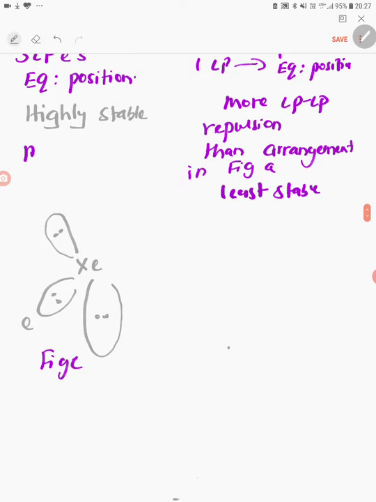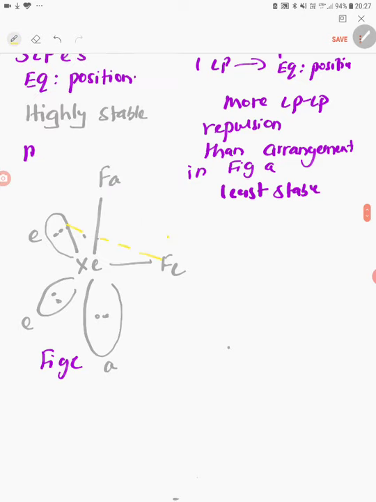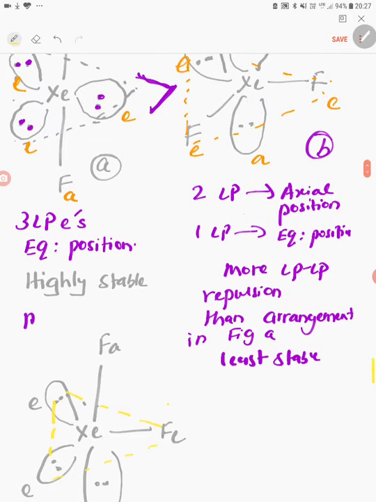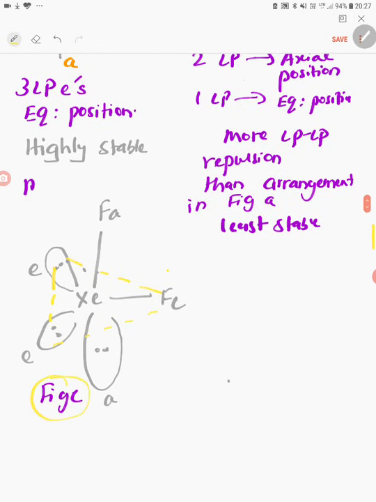So this is equatorial, this is equatorial, this is axial. So this one fluorine once again in the axial and this fluorine in the equatorial. Now see, in this case very clearly, two lone pairs are at least in the equatorial, whereas in figure B, two lone pairs are in the axial. So this is figure C.